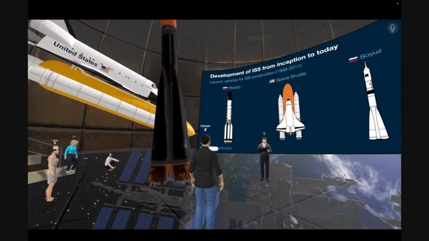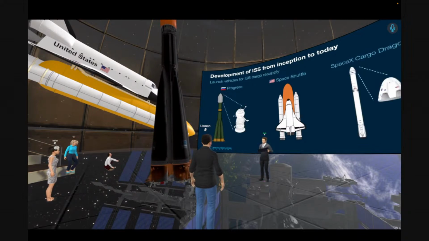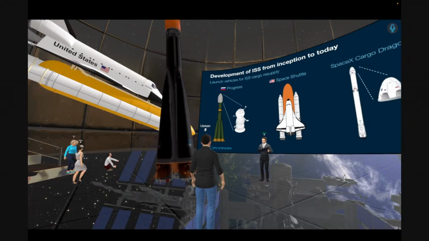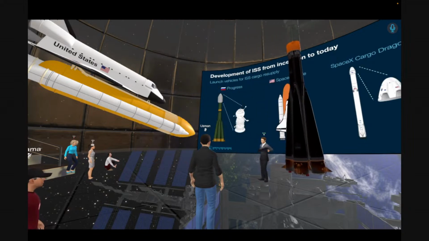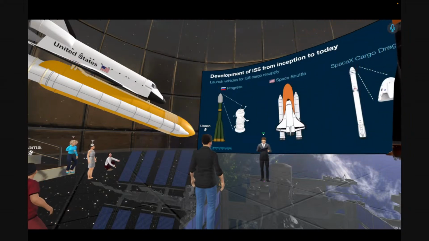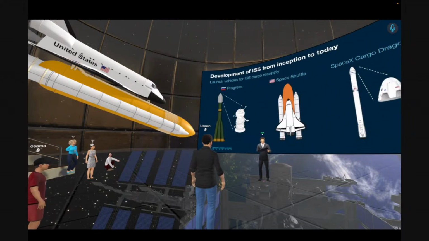The next slide shows the vehicles that bring cargo to the space station, because we've got people there and we've got science experiments. These machines brought those assets to the space station. So the Soyuz that's floating around right there brought little capsules with experiments, cargo, food for the astronauts.